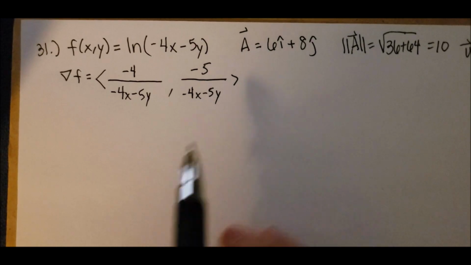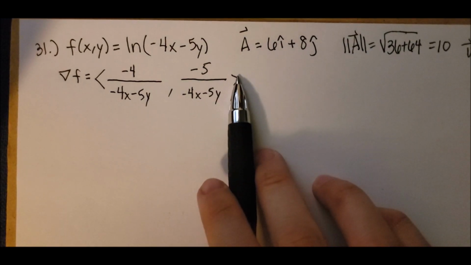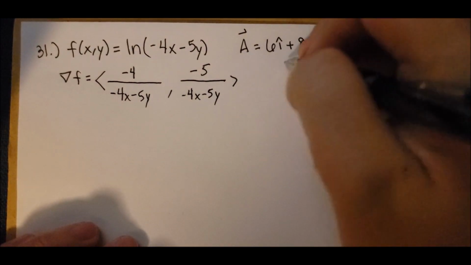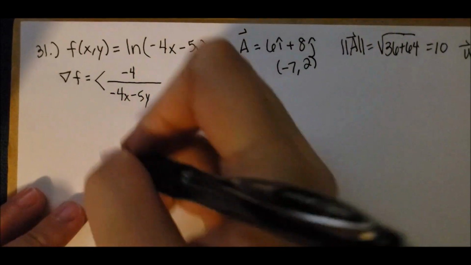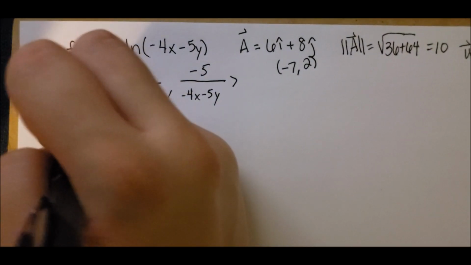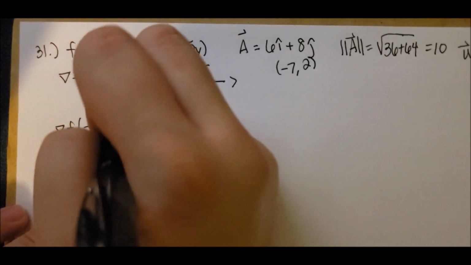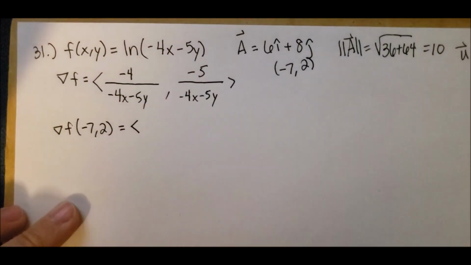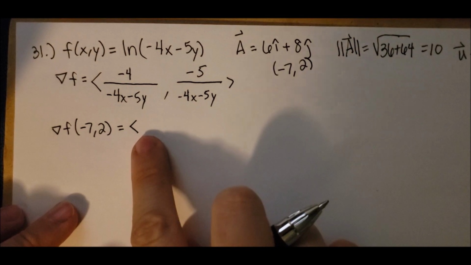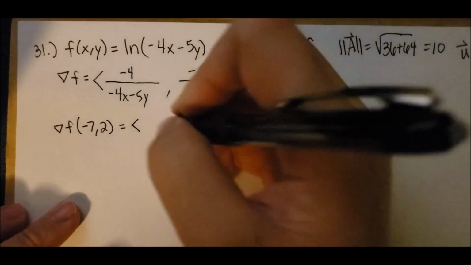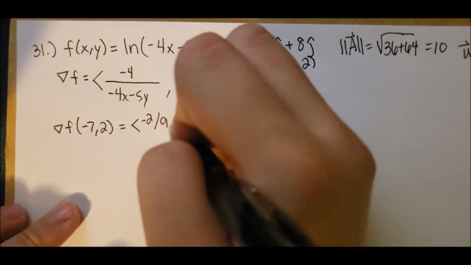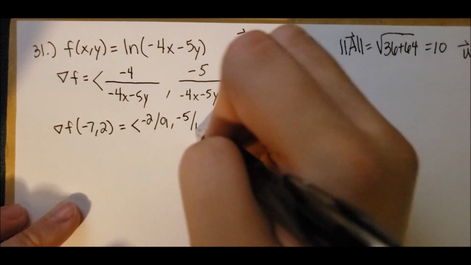And then I need to evaluate that at the point -7, +2. You get -2 ninths, -5 18ths.